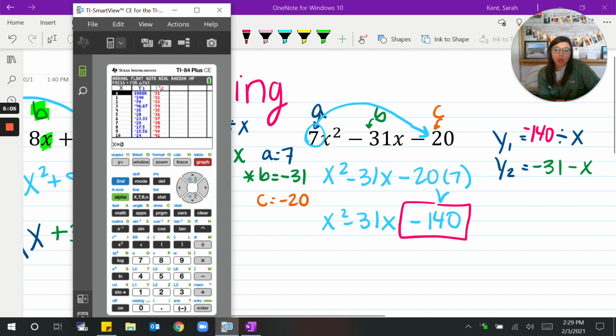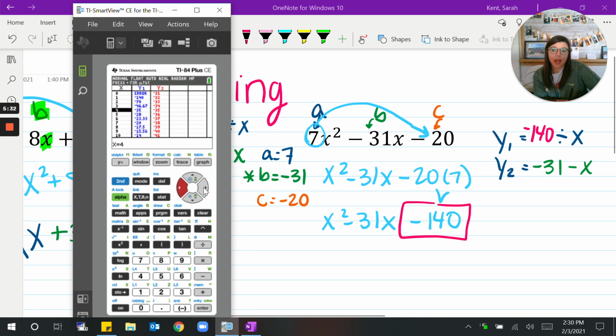I'm looking for blue and red to be the same number. So if we look, negative 140, here negative 70, negative 33, nope. Let's see, negative 35, negative 35. Oh, those are the same. Blue and red match. So one number is negative 35, and next in black is 4.